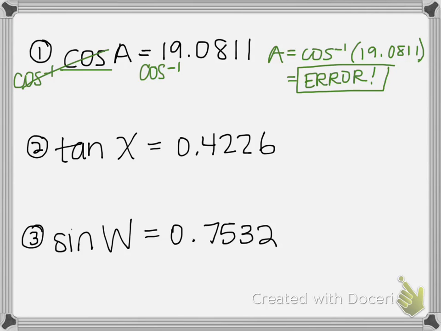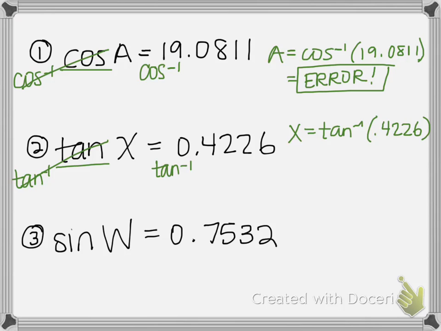So let's look at the tangent problem. We're using tangent with that little -1, which is inverse. So X is going to be tangent inverse of 0.4226, which is 22.9, or about 23 degrees. Okay? So the angle that gave us the tangent of 0.4226 is about 23 degrees.